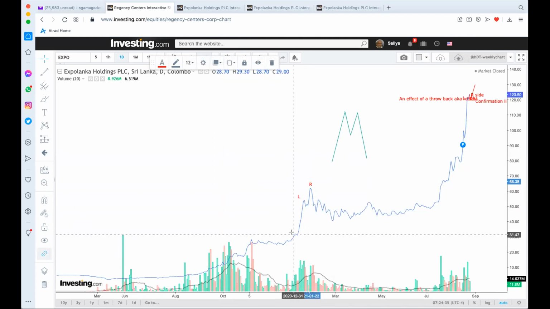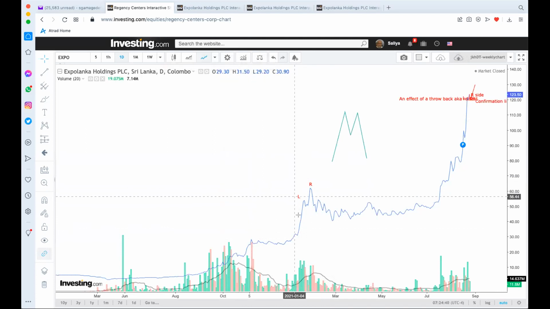Other thing is, when you're explaining to yourself what is going on, what we used to explain to us is that there is a high here, then there is a reversal, then this high was broken out and another high was formed. In fact, this is a closing high, then comes down to a closing low, and it moves up to a closing high, higher than this. So you have a higher high formation.